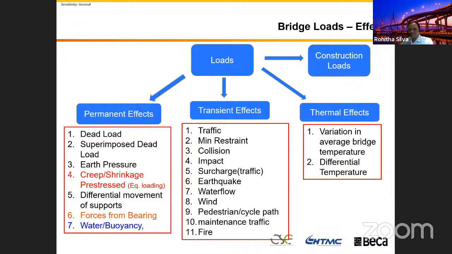Because bridges are long and quite high structures, differential settlement will affect the structure significantly. You can see in my background that bridge: the total height from the pile toe to the top is 120 meters. The length is 66 meters in the average span. If you go to the river span, it's close to 300 plus meters. Those will have a significant effect.